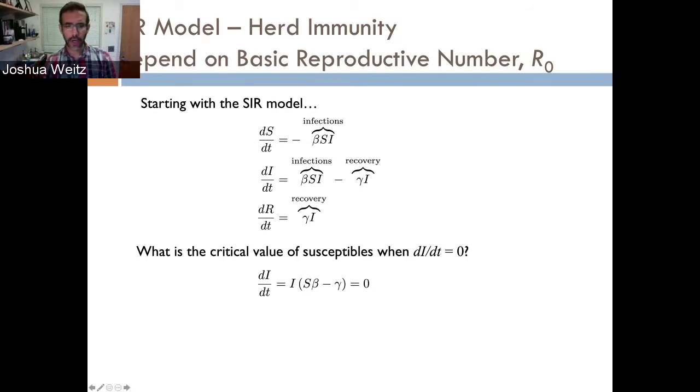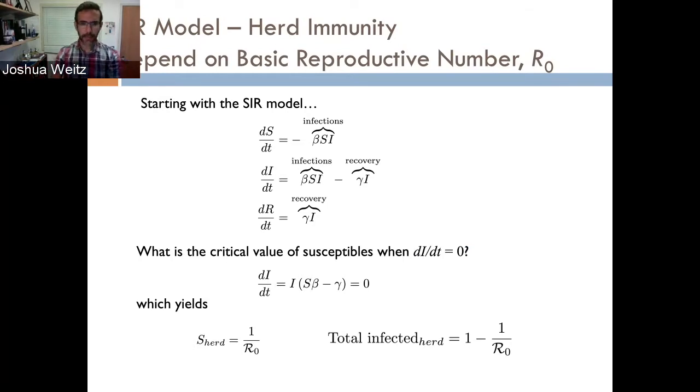And this should occur when the product of S, which is now depleted relative to 1, times this transmission rate, is equal to the recovery rate, which implies a herd immunity level for depletion of susceptibles of 1 over R0. In other words, the total infected is 1 minus 1 over R0. So we get to a point where so many people have been infected, whether they're actively infected or recovered, that there are too few individuals for a new infection to spread.